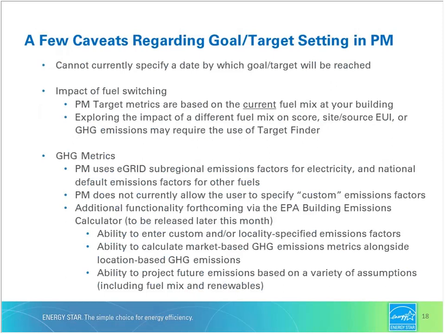For those of you who aren't familiar with building performance standards, these are policies that move beyond benchmarking and disclosure ordinances, and they actually set specific performance levels that building owners must meet. And those performance levels can be defined in terms of energy consumption or in terms of greenhouse gas emissions. The choice of how to set those standards depends on the implementing jurisdiction.